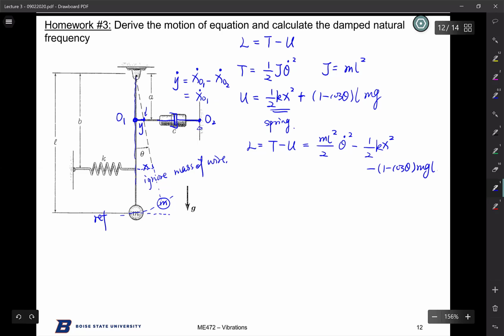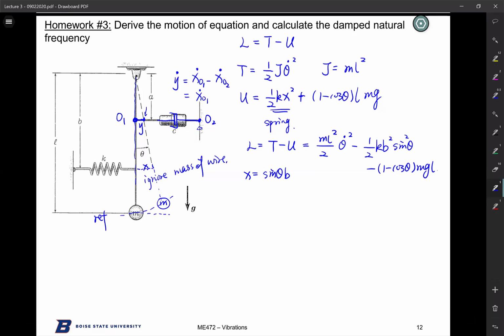Because we don't want to see both x and theta in the system, let's go back to the geometry. We know that x is sine theta times a. Oh, sorry, sine theta times b. All right, once you have this, you can replace it. This becomes b squared sine theta squared.